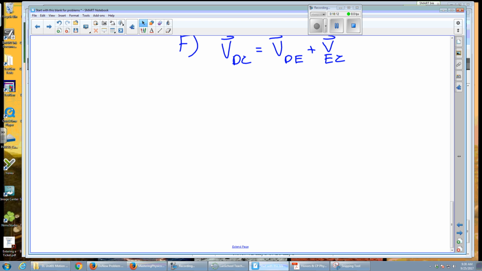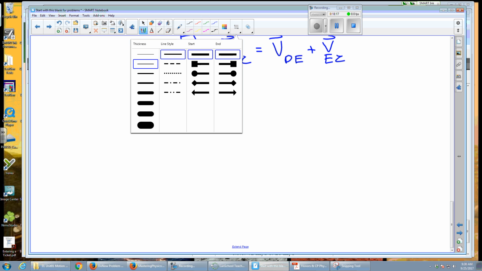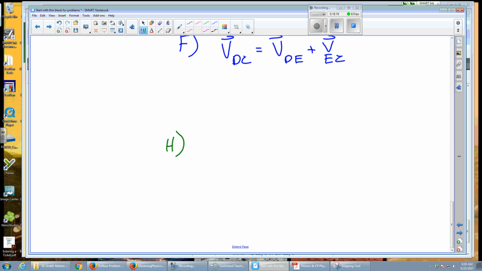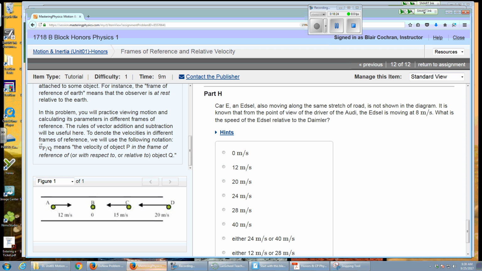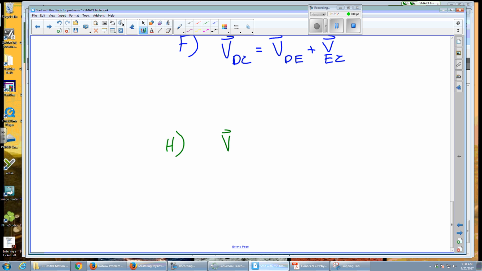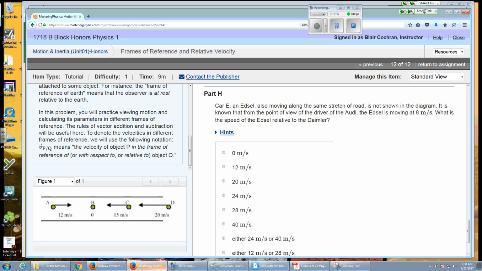So H, skipping a couple parts. So we have the velocity of the Etzel compared to the Audi is 8. It doesn't say which direction, does it?